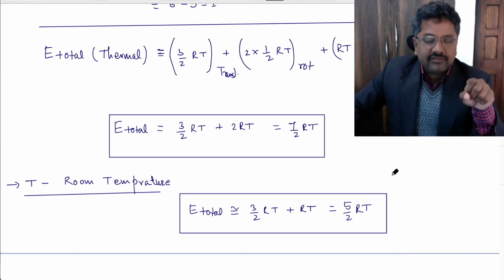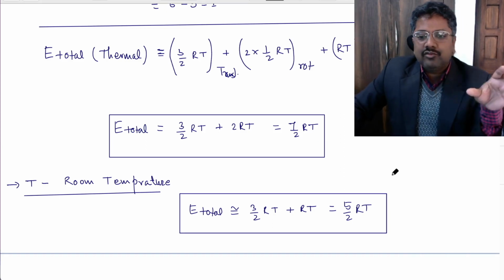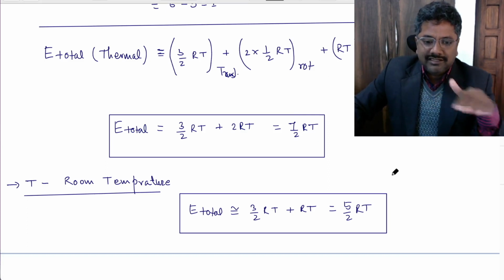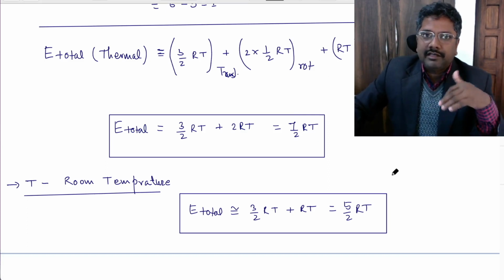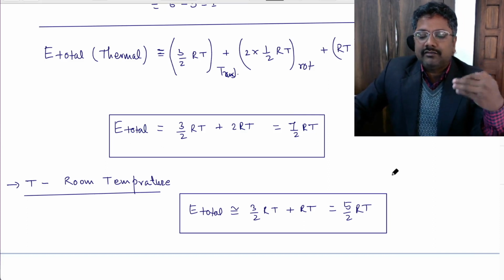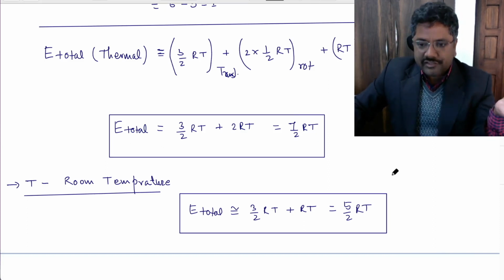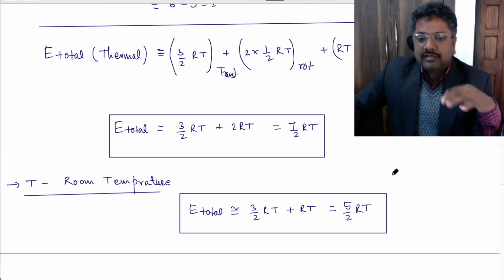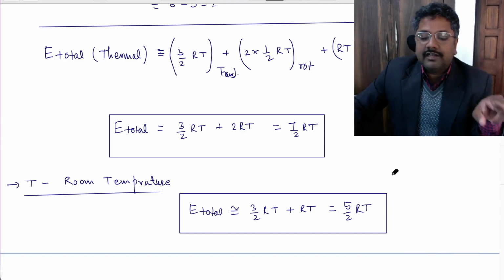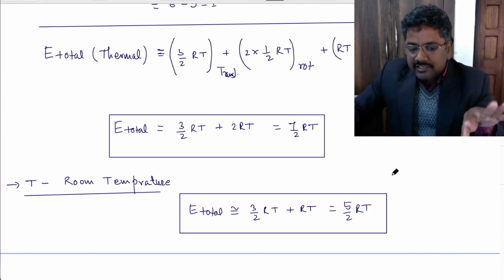This is the reason why in the gaseous state, in many books, you will find an incorrect interpretation. In the numerical, they were asking to find the total energy, and finally they were calculating only translational energy. Now it becomes more clear. This type of mistake will not be there in the IIT-JEE Advanced paper.